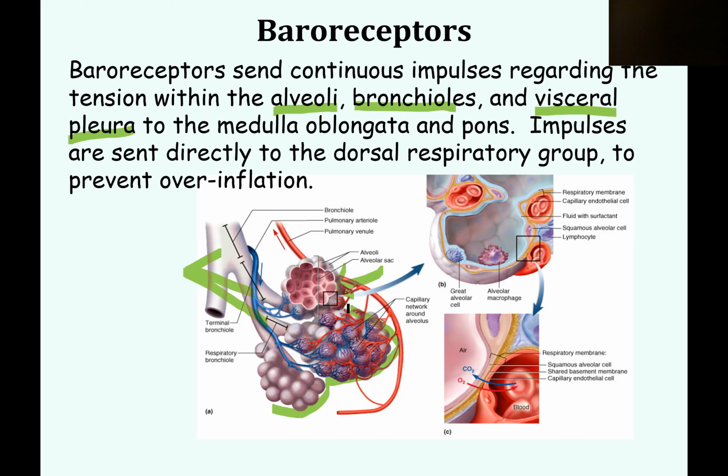So, as you're breathing in, you don't want to pop your lungs, so it prevents overinflation. This is a reflex. As you're breathing in, when you get to a certain tension, you're going to shut down inspiration, with the medulla oblongata inhibiting the inspiratory center and the pons helping that as well. So you have two parts of your brain that are going to help stop you from exploding your lungs.